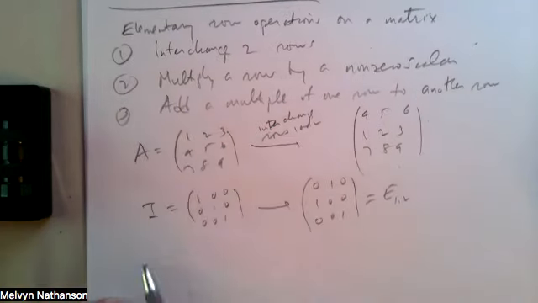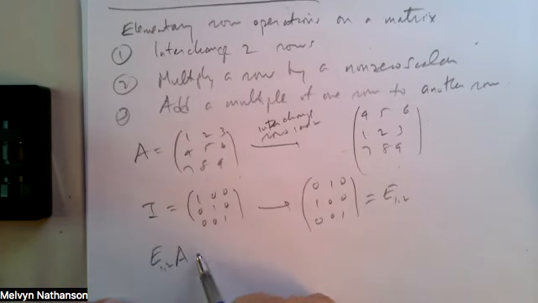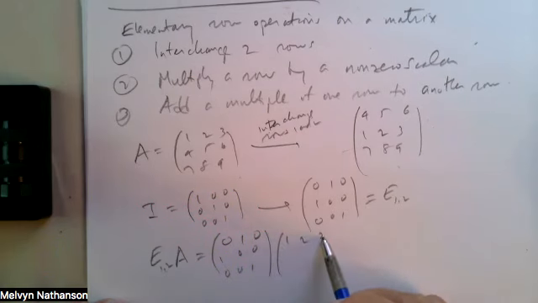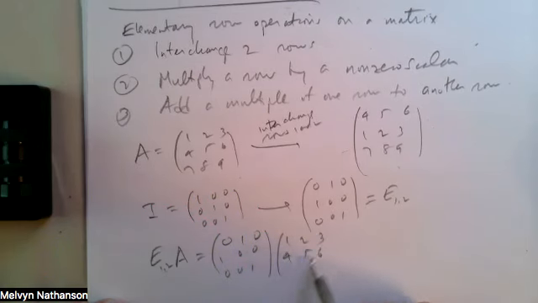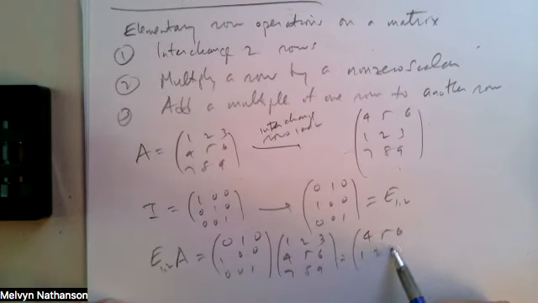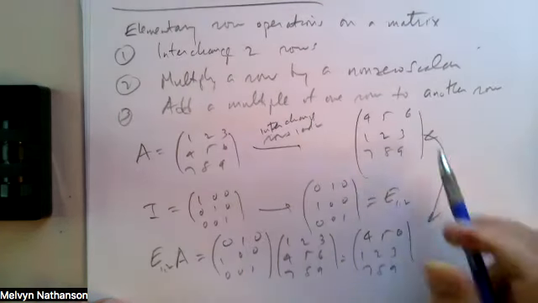And let's see what happens if I multiply E12, which is 0, 1, 0, 1, 0, 0, 0, 0, 1, times my matrix A. So this is exactly that.